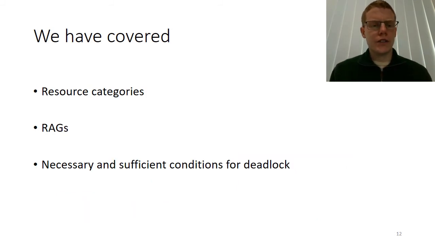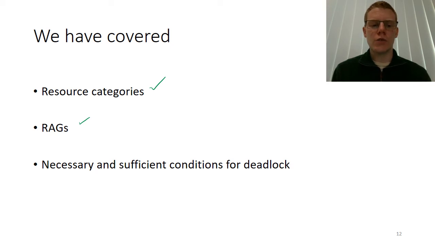Hopefully this video hasn't been too confusing, but we've covered 3 important things. First is the broad categories of resources. Remember that we talked about consumable and reusable resources. We've talked about resource allocation graphs as a way of representing the state of a system in terms of processes and resources, what processes are requesting what resources and what processes hold resources.